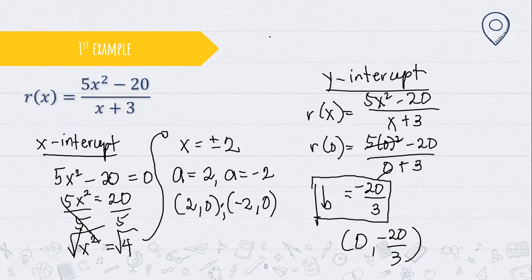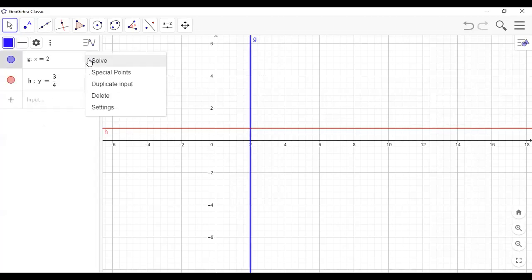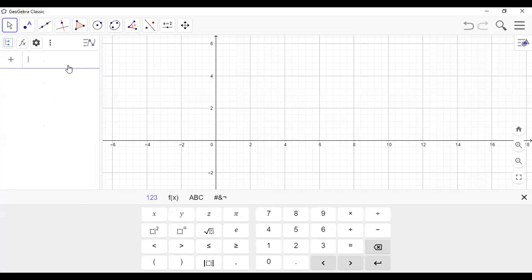O sige. Ngayon class, let's check kung paano nga ba nagagamit yung intercept na yan. Sir, bakit nga ba importante yan? Nakikita niyo ba class yung Cartesian plane natin? Yes, sir. Sige, delete ko lang itong mga nakalagay kanina. Okay, so lagay ko yung function natin.